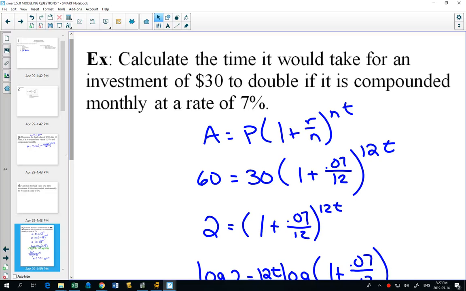How long is it going to take to double to get $6 million? Is it going to take a lot longer because it's going from 3 million to 6 million, a lot longer? Well, I would have to put in 3 million here and 6 million here. What happens when I simplify? It's exactly the same.